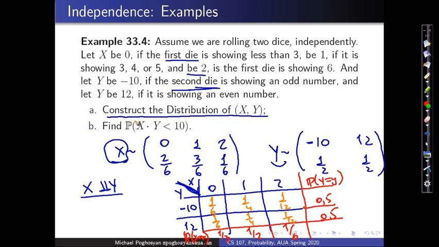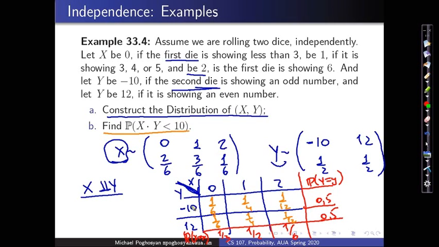Now, the problem is asking to calculate the probability that X times Y is less than 10. So let me mark all probabilities I need to add.